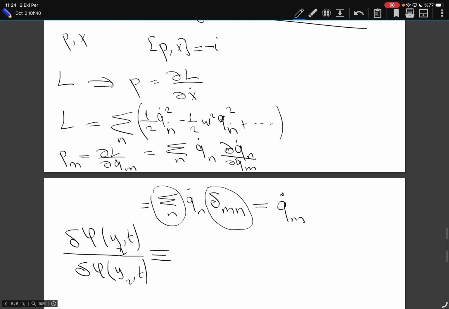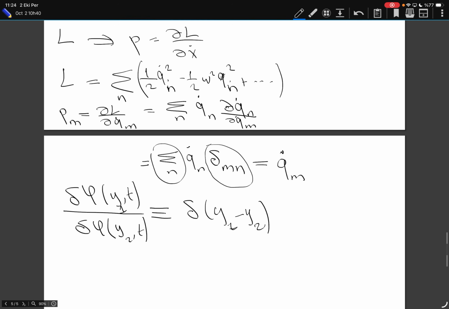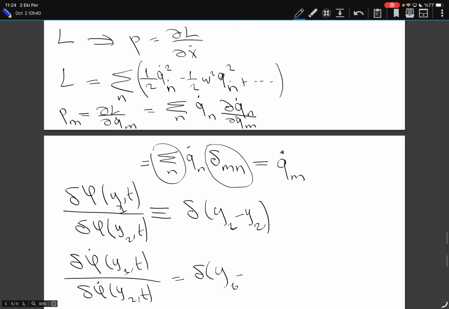So this derivative actually becomes the Dirac delta. Similarly for the derivatives: if I have the derivative with respect to time, this will again be just the Dirac delta of y1 minus y2. These are so-called functional derivatives.